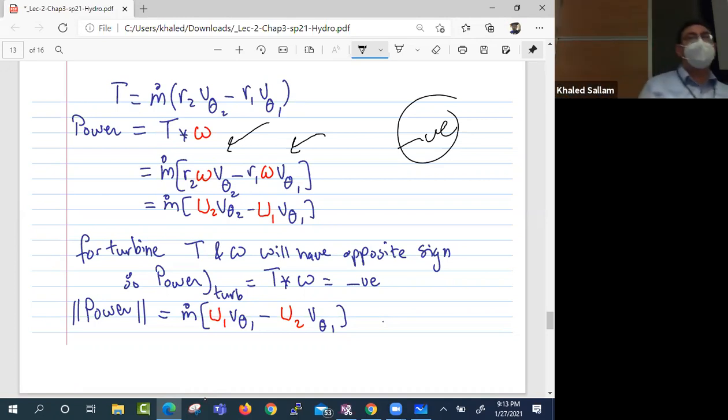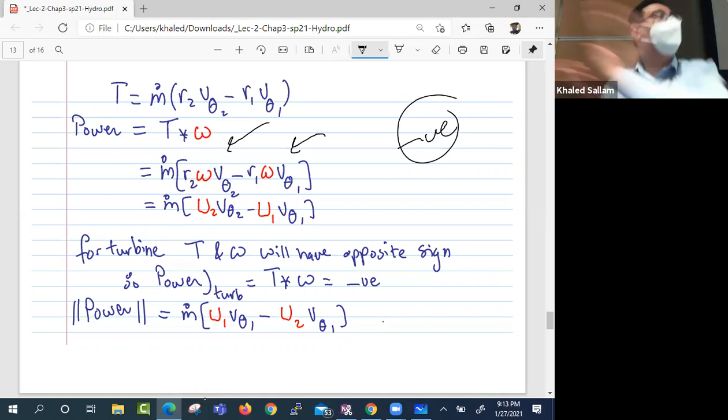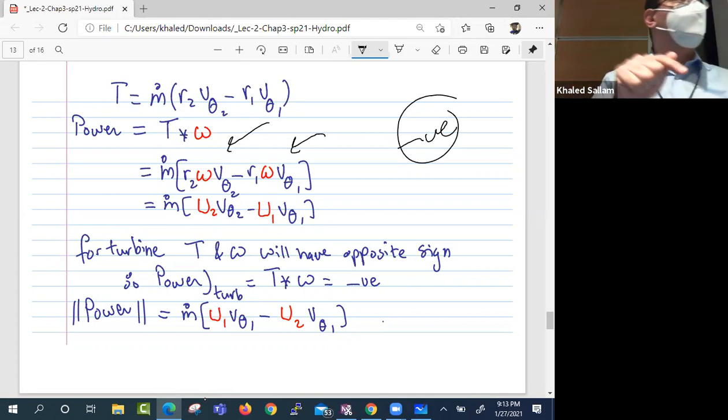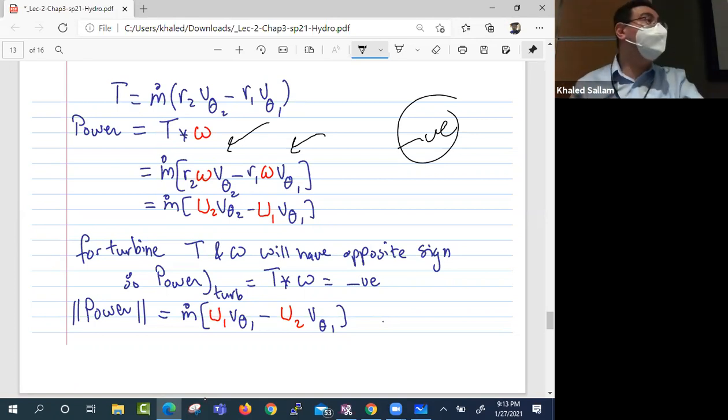So that generator needs something strong to push it. So as a fluid going into a turbine, I feel that the plate is not actually moving, and I have to push it so that I can come out. It's like, get out of my way, let me leave. So the torque in a turbine will be resisting your motion. So the torque and the omega should be opposite each other, and for a pump, it should be the same.